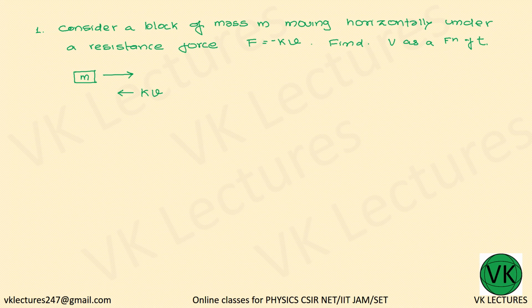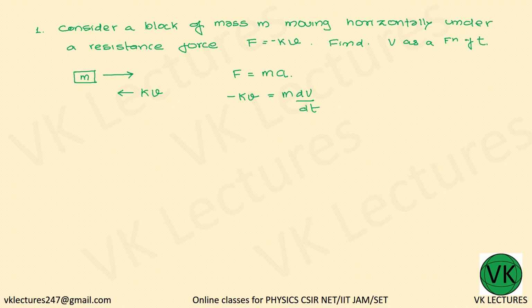So there is a resistive force, and we know F is equal to m times A, and minus kV, that is the force, is equal to m dV by dt.